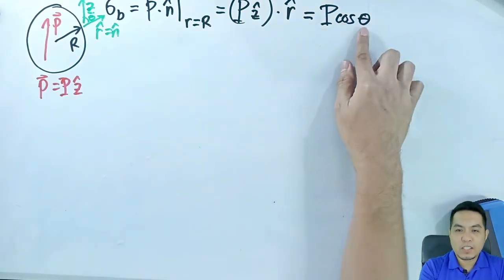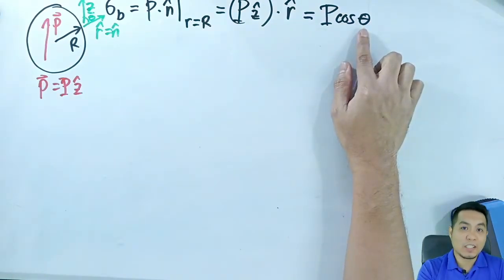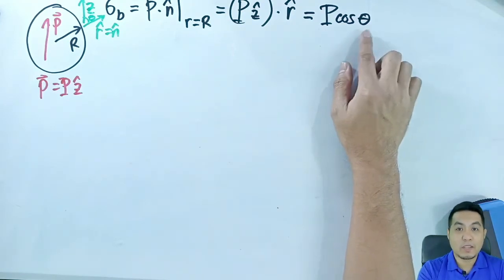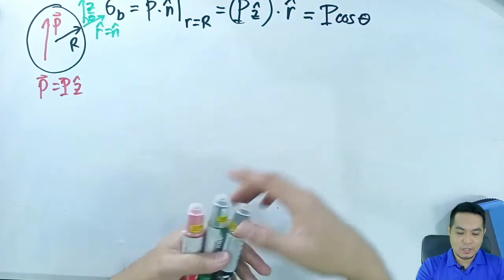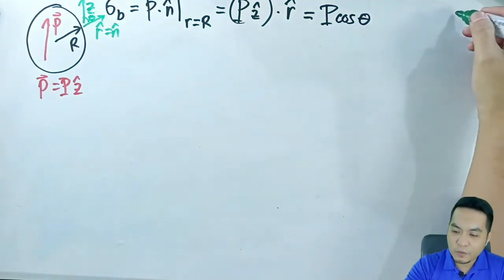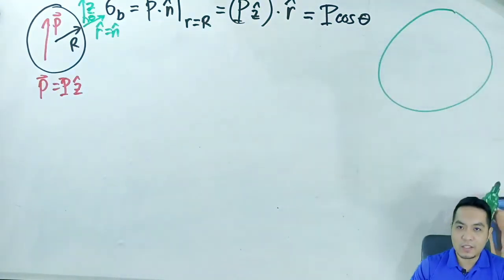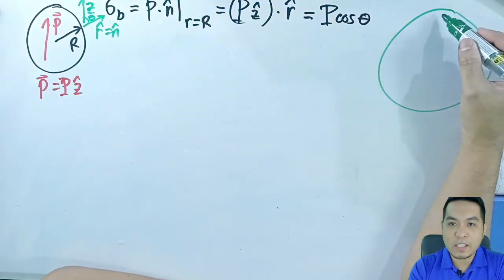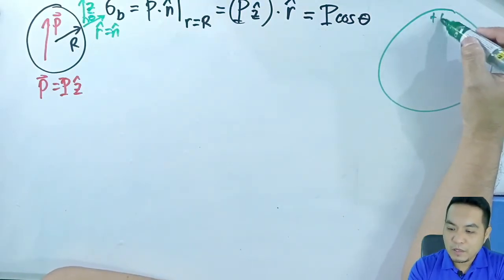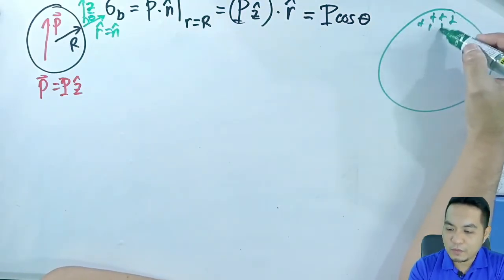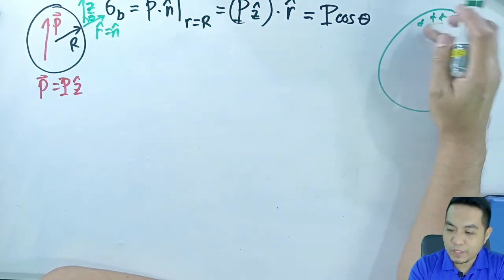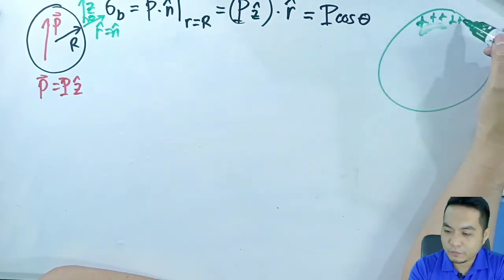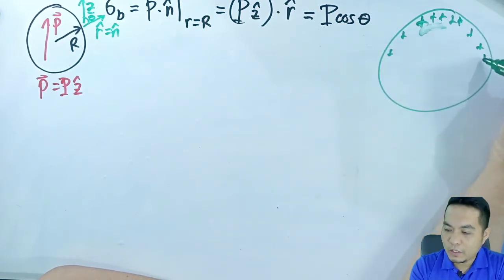If I draw the sphere again, at theta equal to 0 there will be a group of positive surface bound charges here.